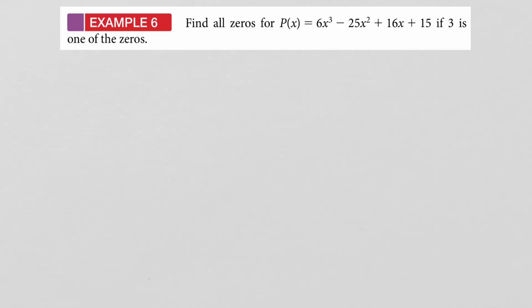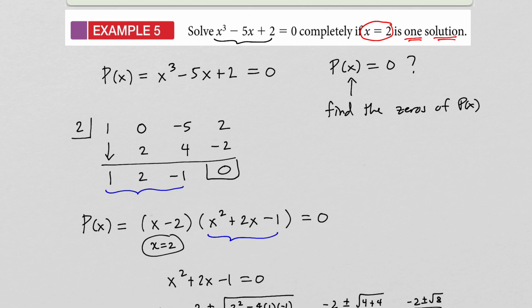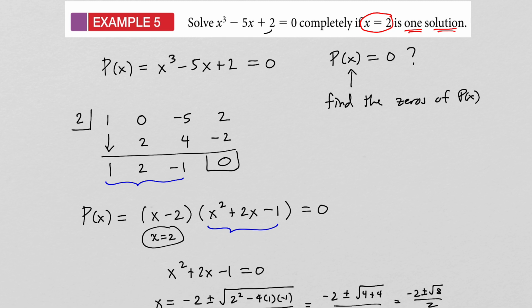So in the next problem, they want us to find all zeros of the polynomial p of x that you see here if you know 3 is one of the zeros. Now, I would like to point out that this is exactly what we did in the previous problem, okay? So if we go back and take a look at that previous problem, what they did here is they worded the problem differently, right?